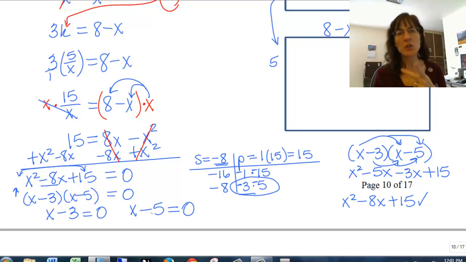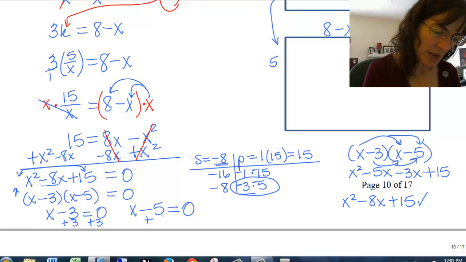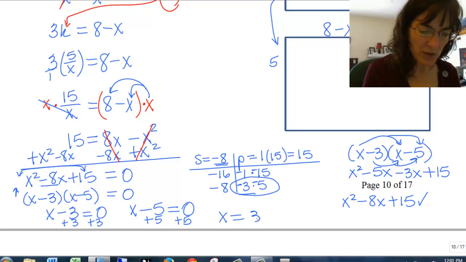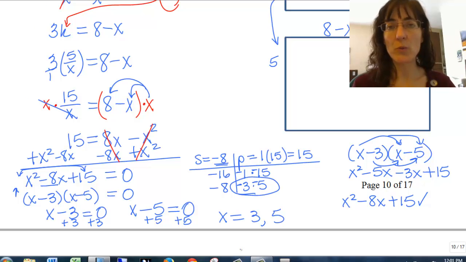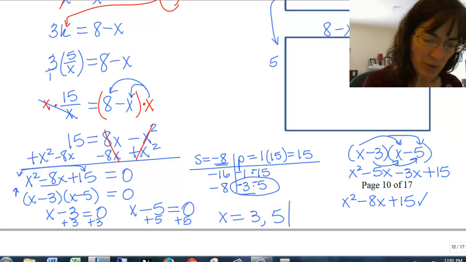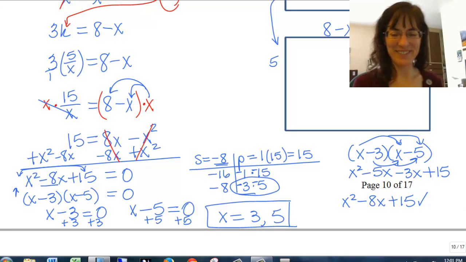That gives me two simple equations. Add 3 to both sides on this one, add 5 to both sides on this one, and I end up with x could be 3 or 5. So I already knew about the 3 from the previous trial, but now I also know about the 5. So my two possibilities for x are 3 and 5.